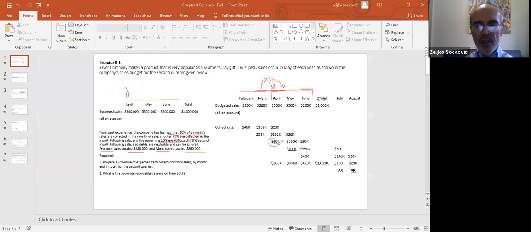That's 60,000 here. And then 70% of April will be collected when? In the following month. That's 210 here. So this is April here, collecting April. Again, you can organize this whichever way works for you.